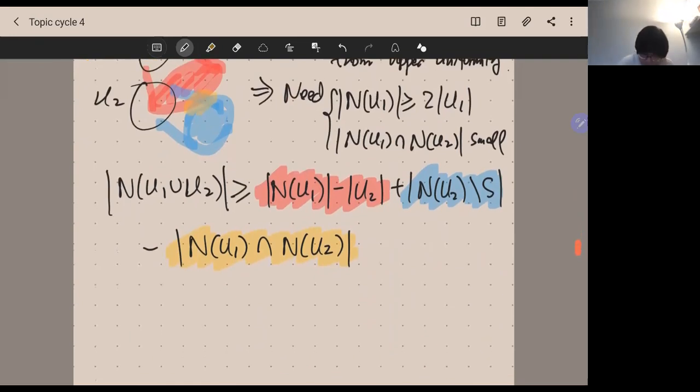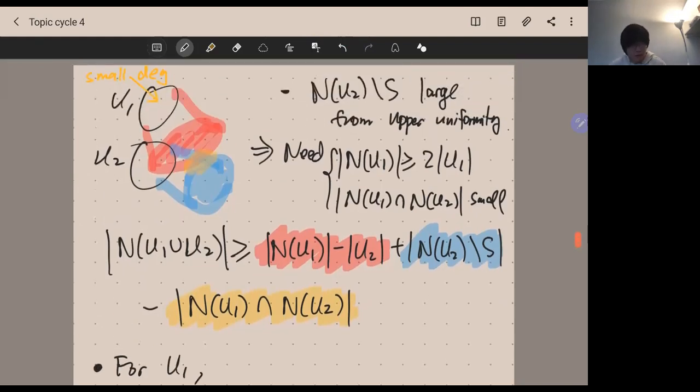First of all, let's first look at the 2 expansion for U1, the set of small degree vertices.